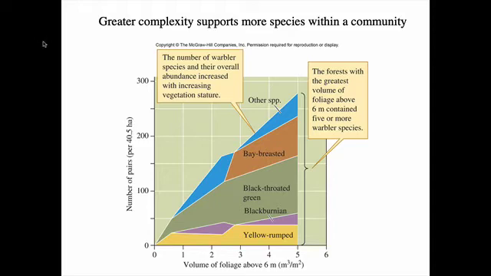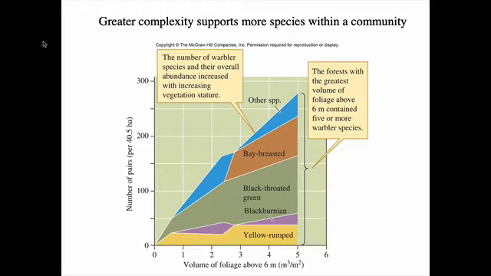And so here's an excellent example from very simple communities of birds. Here is a measure of complexity, which is the volume of foliage above 6 meters. So this is the degree to which we're talking about a woody plant community with trees rather than shrubs or grasses.